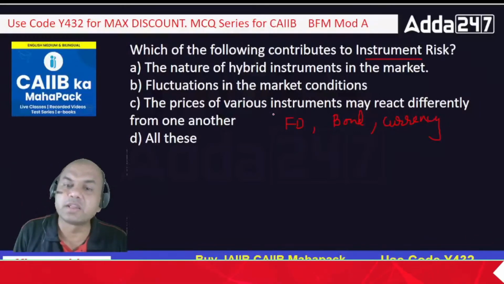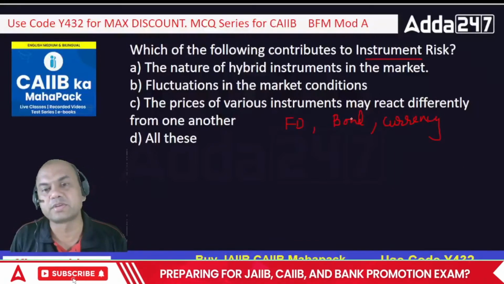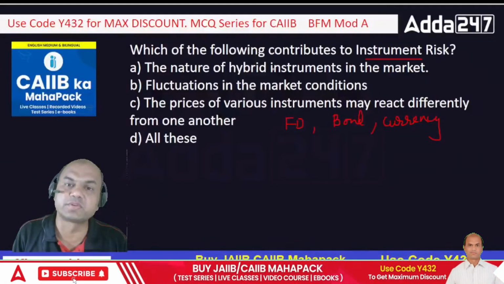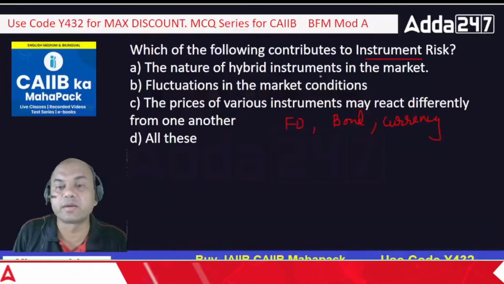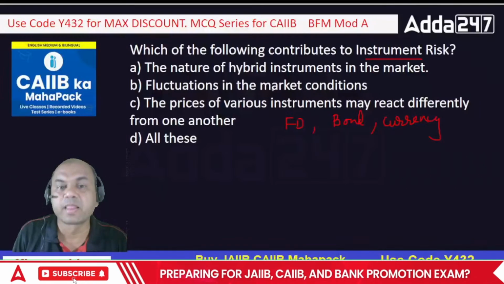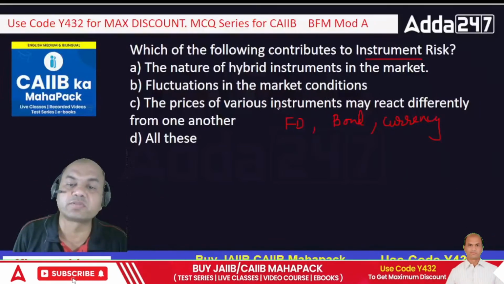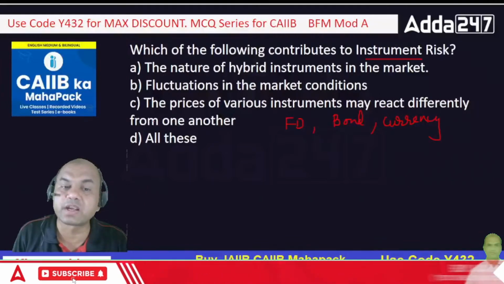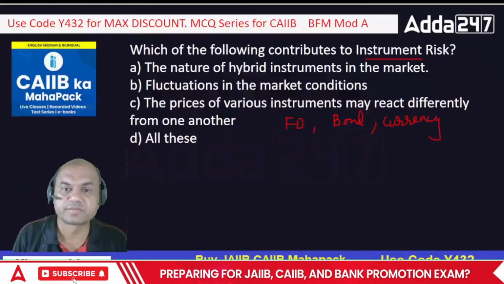So any promissory note or bond or anything which I am holding is an instrument. So which of the following contributes to instrument risk? The nature of hybrid instruments in the market, fluctuations in the market conditions, the prices of various instruments may react differently from one another, and all of these.